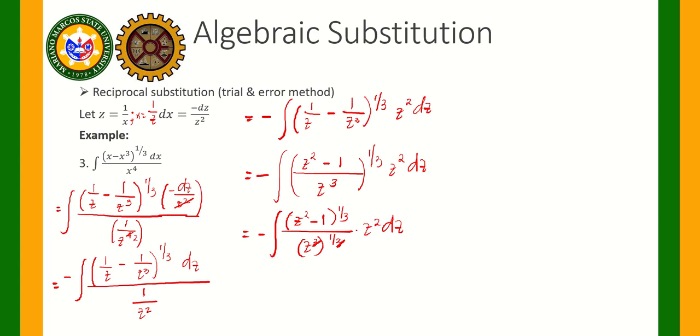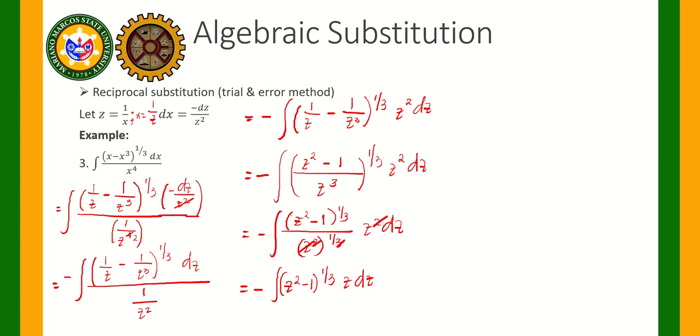So, z raised to 1 na to. And of course, since z squared to nasa numerator and nasa denominator, and multiplication yung operation natin, pwede natin siyang i-reduce and finally cancel si denominator natin. So, this will be equal to the integral of z squared minus 1 raised to 1 over 3 times z dz.